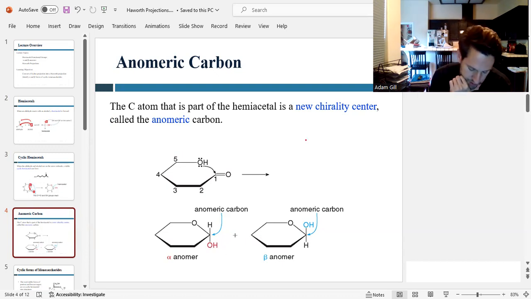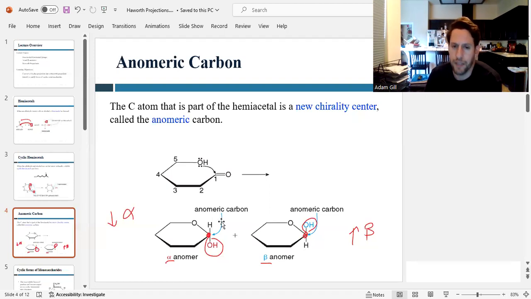And so the new chiral center here is known as the anomeric carbon, and it can exist in one of two stereoisomers. You can have the alpha form or the beta form. And that refers to the position of the OH. So if your OH group is down, we call that alpha. If your OH group is up, we call that beta. So the alpha form and the beta form of a cyclic hemiacetal.